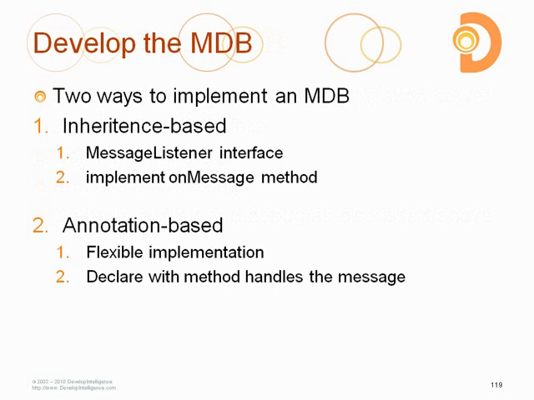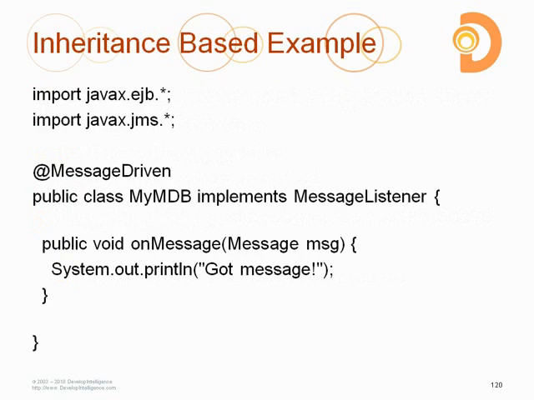The second way is I do purely an EJB 3.0 implementation, where I use strictly only annotations to describe the structure of my class. Now, to be honest, there's not a huge advantage or disadvantage one way or the other, but let's look at the two code examples and then we'll cut to a break.